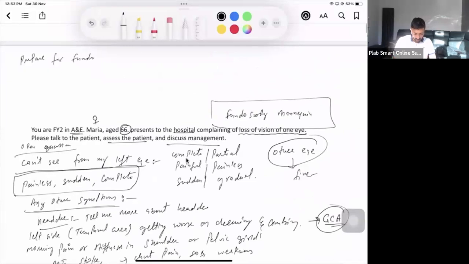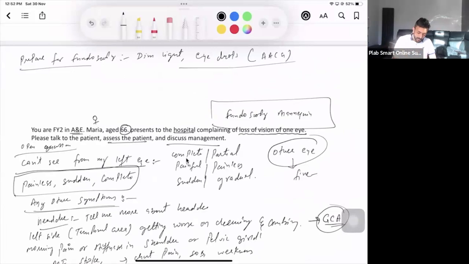Make sure you dim the light. You mention that you're putting in eye drops as well, and before eye drops, you rule out acute angle closure glaucoma. Then you just check the fundus.